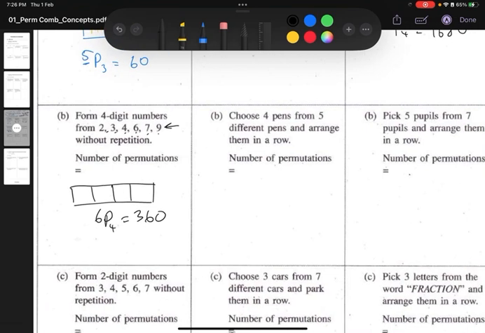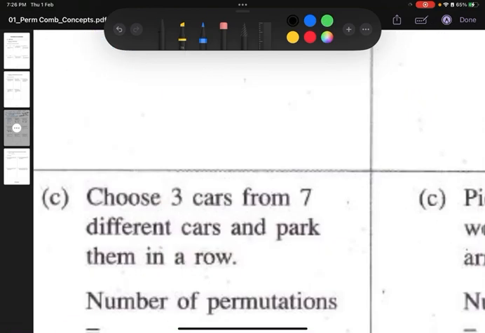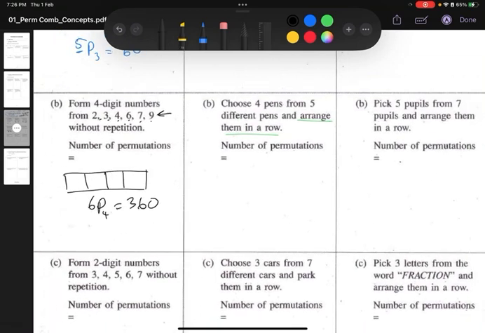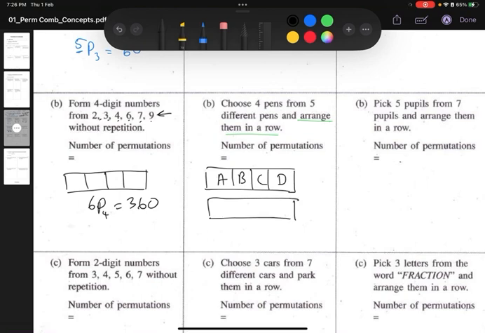Now let's look at B. You have to choose 4 pens from 5 different pens and arrange them in a row. So one thing to look at is this phrase, arrange them in a row. Right? So when we're talking about permutations, we really care about the arrangement. So if we have 4 pens here, let's say this is pen A, this is pen B, C, and D, there are a number of different ways you can arrange them.